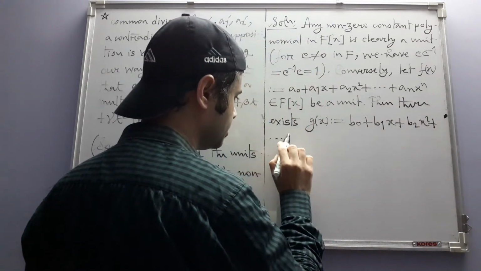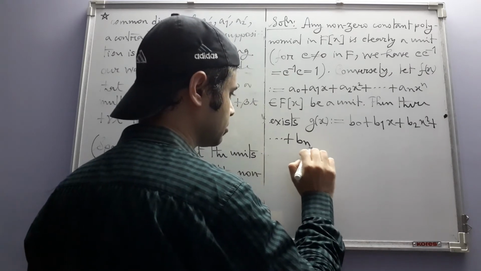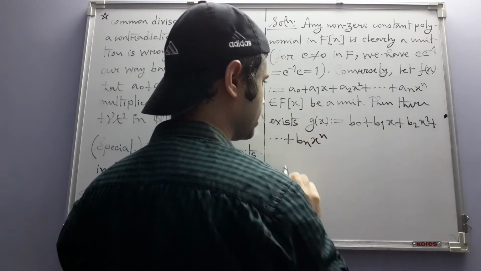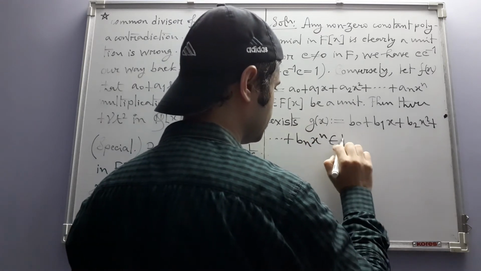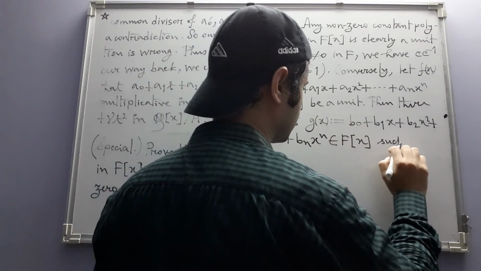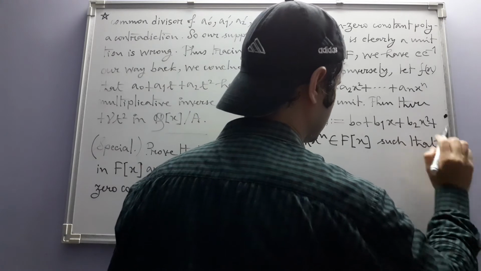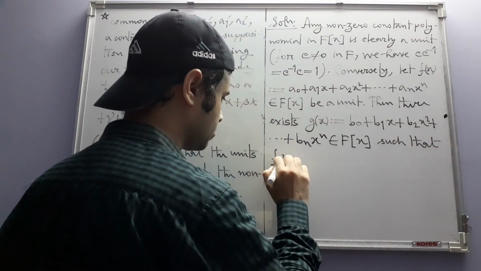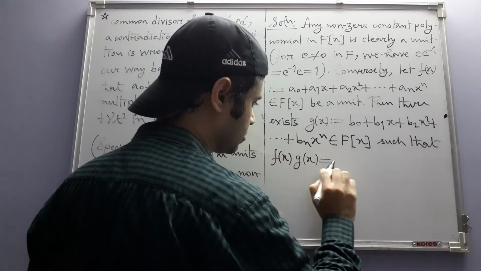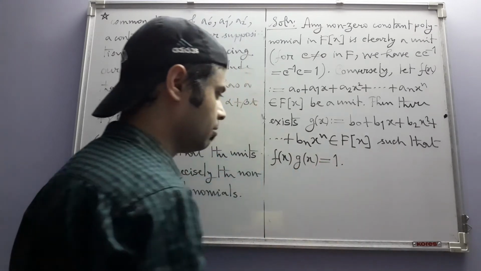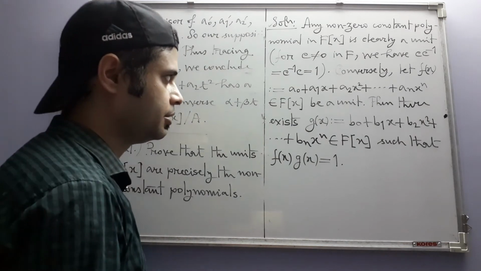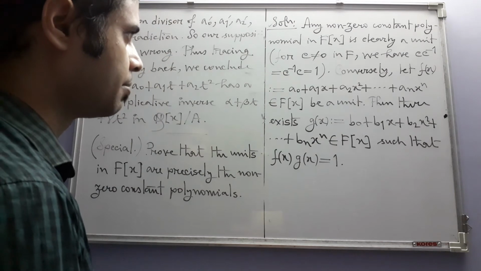Where it will end we don't know, so we consider it to be some non-negative integer n, bn x to the power n in F[x], such that f(x) times g(x) is equal to 1.